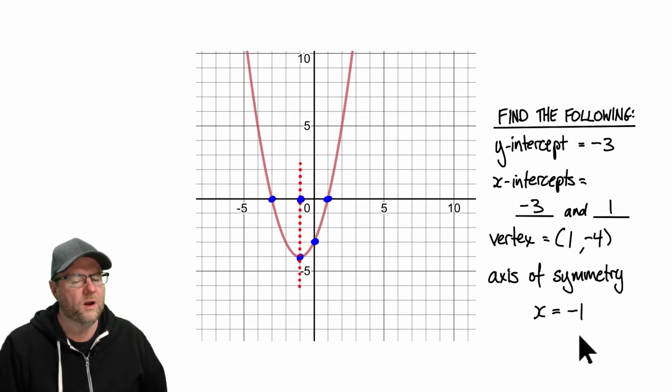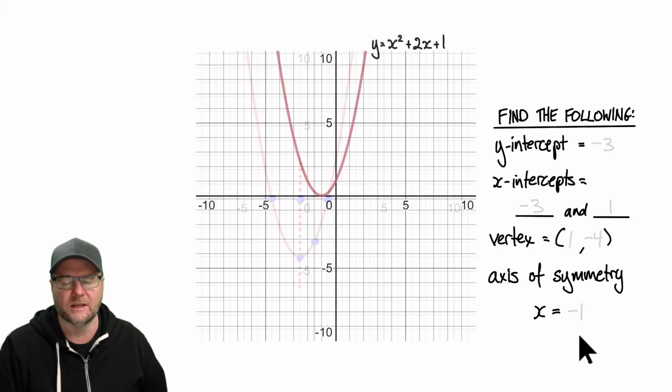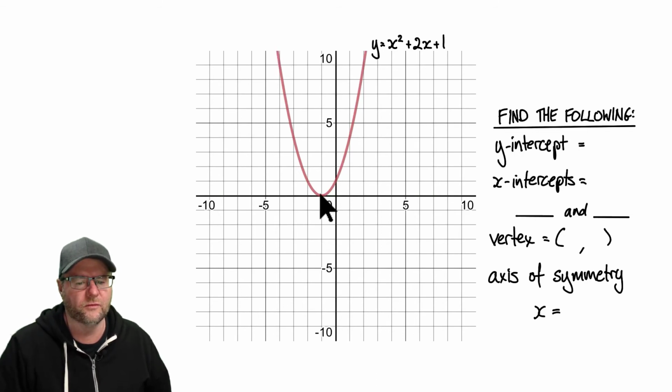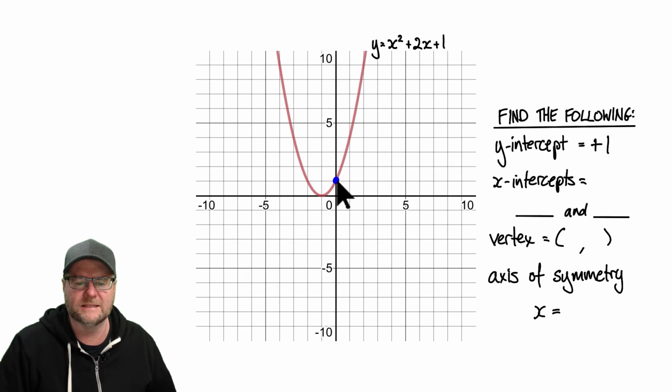All right, what about this one though? Something a little bit different here. Here's the equation for this particular parabola, but you'll notice what's different about this one is that it doesn't actually cut through the x-axis. So let's have a look. First of all, the y-intercept, well, that's straightforward. Once again, it cuts at one place at the value of +1. The x-intercepts though, are there any x-intercepts?